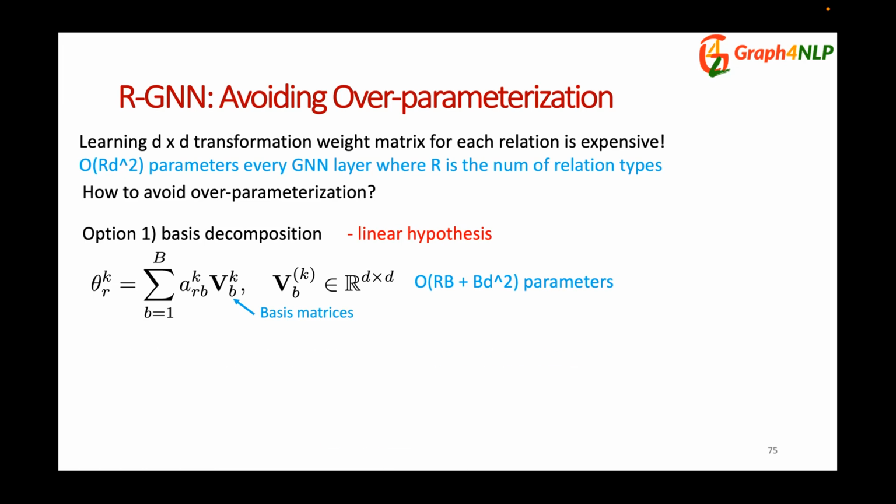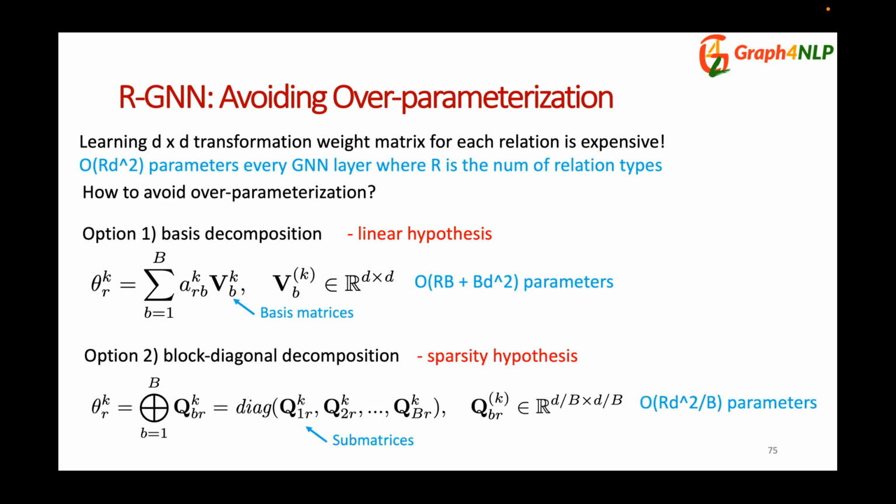And the second strategy is called block diagonal decomposition, which can be seen as a matrix sparsity constraint. This can also largely reduce the number of learnable parameters for RGN models.